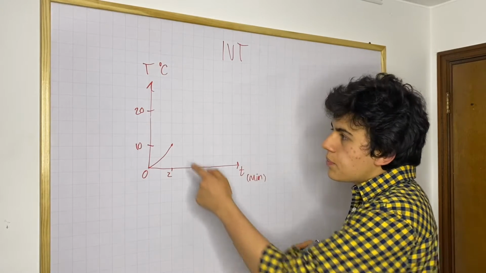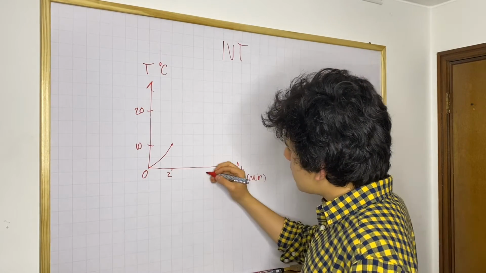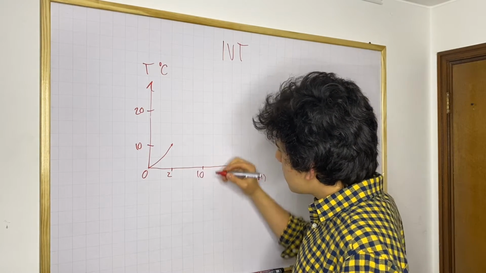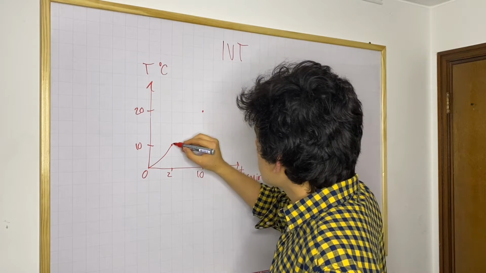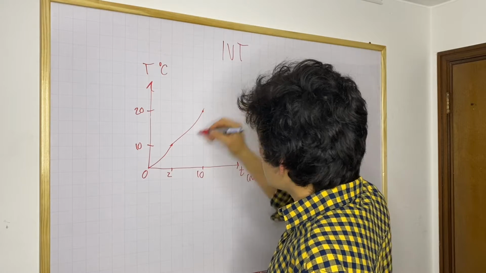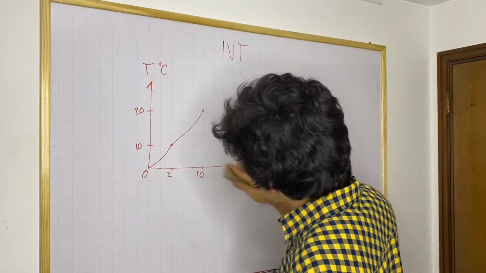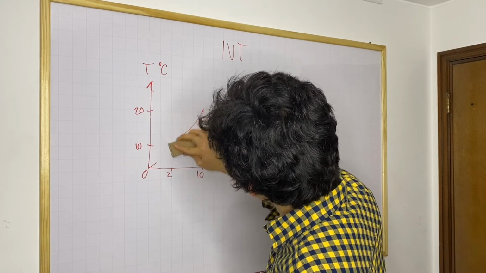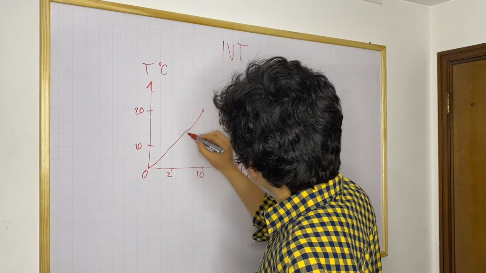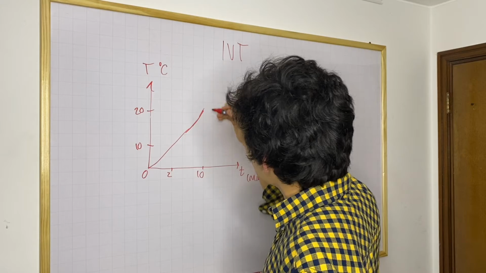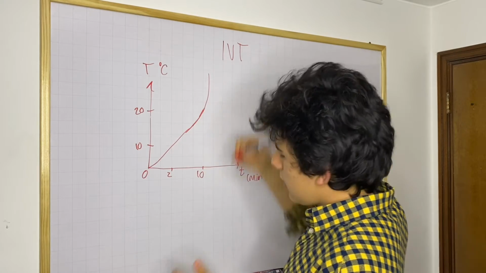Now let's suppose you reach 20 degrees Celsius at 10 minutes, so you would get something like this. Now, that's maybe not a very straight line, but let me fix it. So you should get something like this, maybe some sort of a parabola, for example.